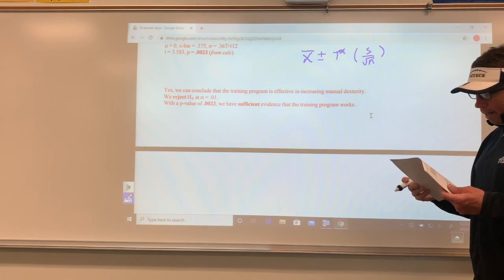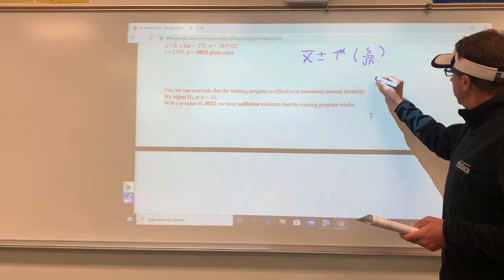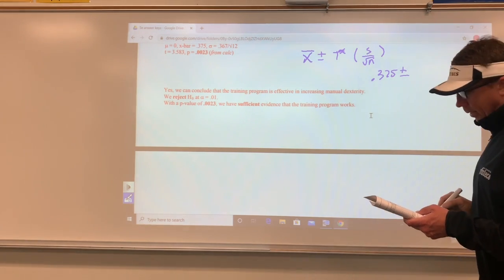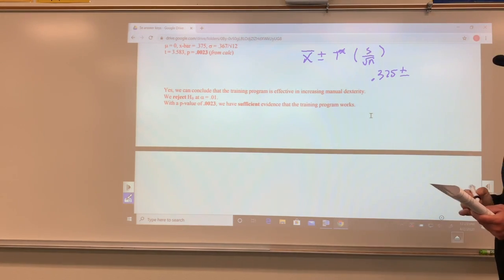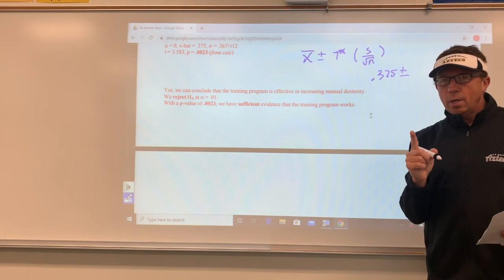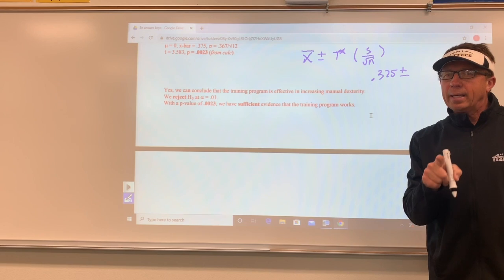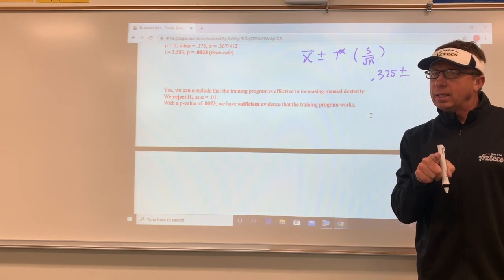And if you did that, you would get 0.375 plus or minus. Now t star is going to come from the chart. The sample size is 12. You're going to subtract 1, make it 11, so your degrees of freedom is 11.